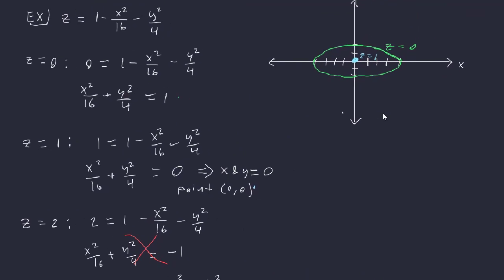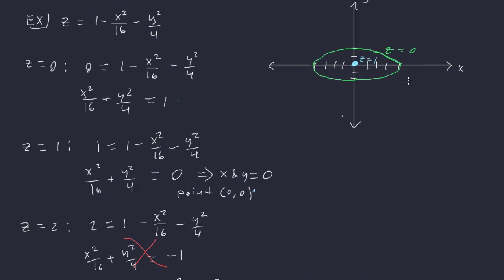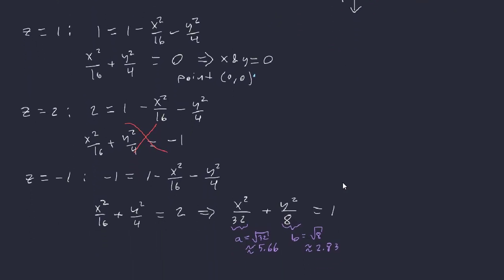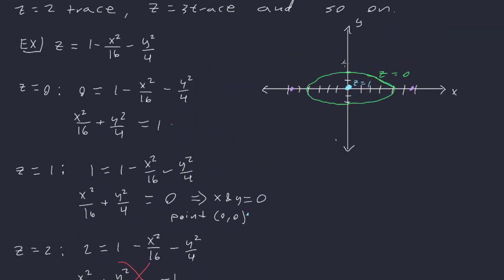All right, so 5.66, well, here's 5, here's 6, so that'd be something like this. Okay, and then for the y, it's already hitting at 2, and now it will be at 2.8. So if this were 3, 2.8 would be fairly close. Okay, so we have something like this.